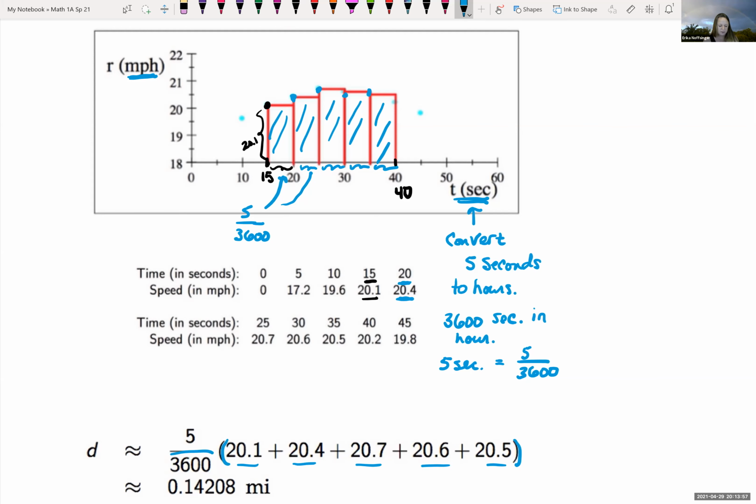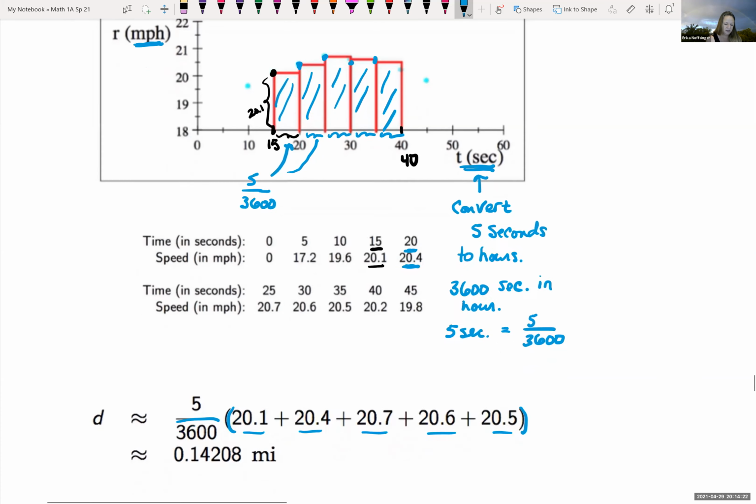If you sum up what's inside the parentheses and multiply by 5 over 3,600, you get that this is approximately 0.14208 miles that the sprinter ran.